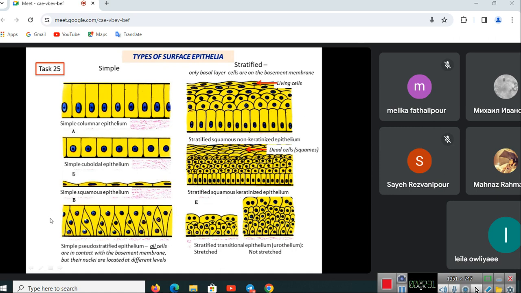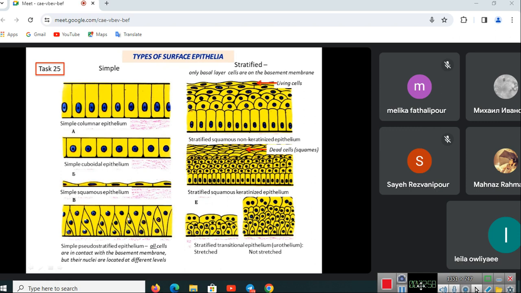And the last type of simple epithelium is called simple pseudostratified epithelium. Pseudo, this prefix, means looks like but not really is. And this word pseudostratified means that this epithelium looks like it is stratified. Stratified is here, for example.